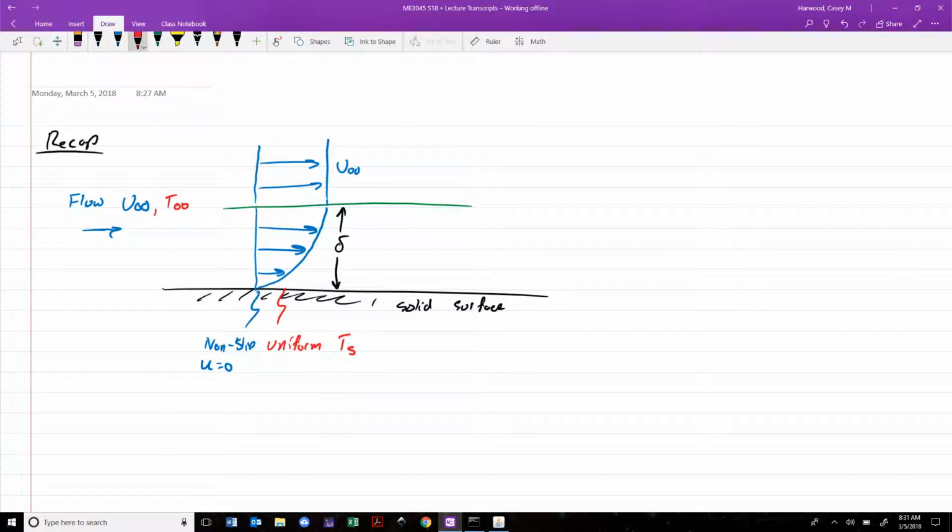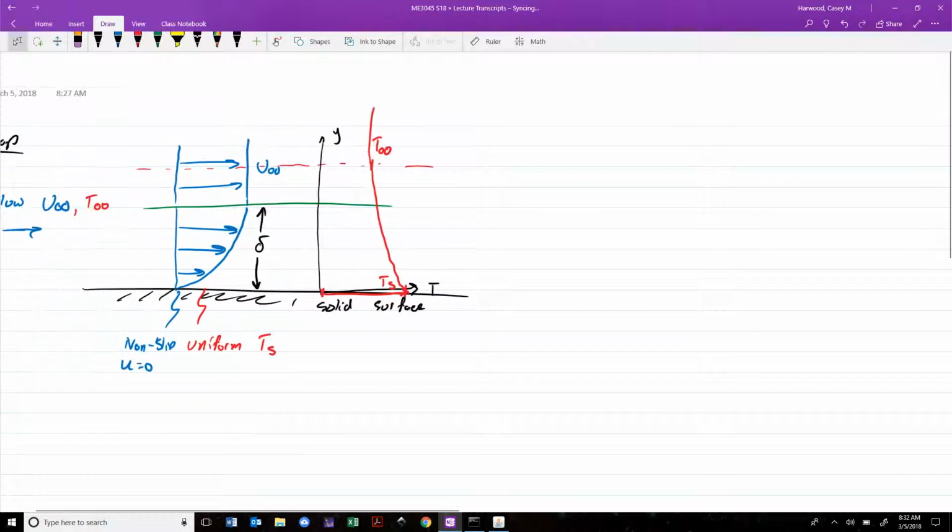At the same time, we have a thermal boundary layer which does not have to be the same thickness. So we could draw a separate region here where if we were to plot the temperature as a function of y, we would see that the temperature transitions from the temperature at the surface to this free stream temperature.